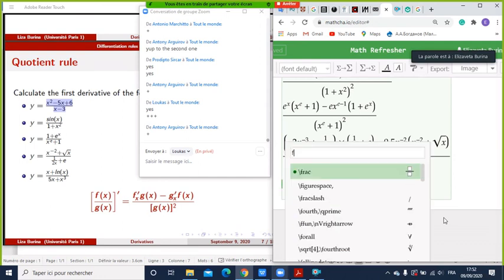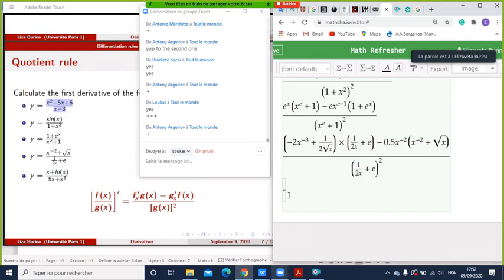So that will be a fraction, and for sure the first thing I do as always is put in the denominator, raising it to the power of 2. Okay, now here I'm going to have the first derivative of the numerator, which will be 1 plus 1 over x. And then I multiply it by the denominator.